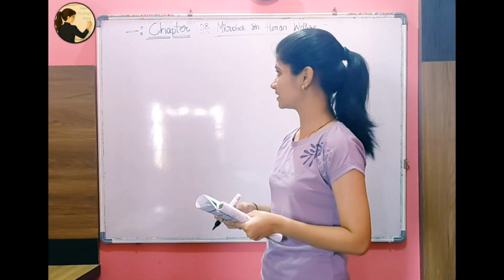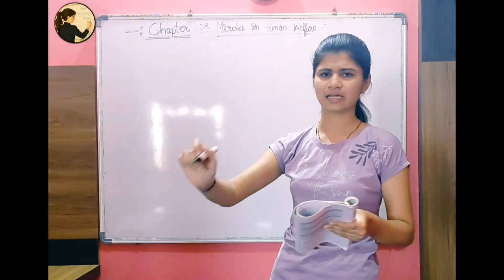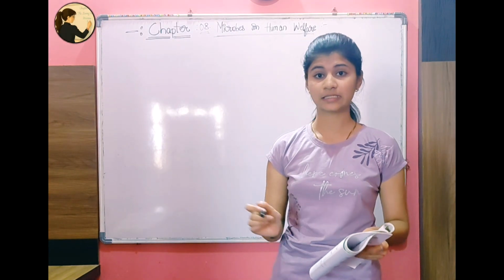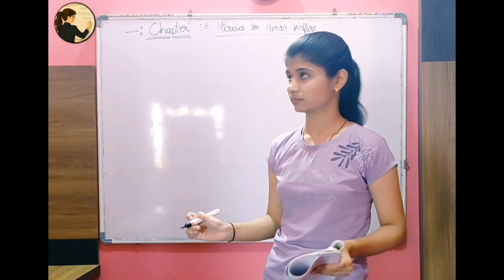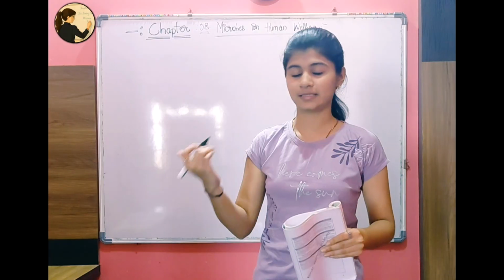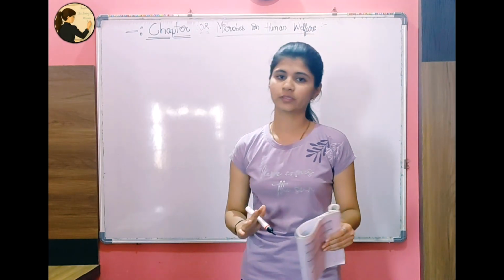This chapter is very much related to enzymes, so you might find it difficult. But if you make sure that you read the NCERT twice, thrice, you will definitely learn.